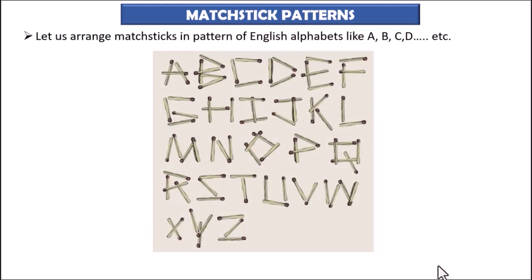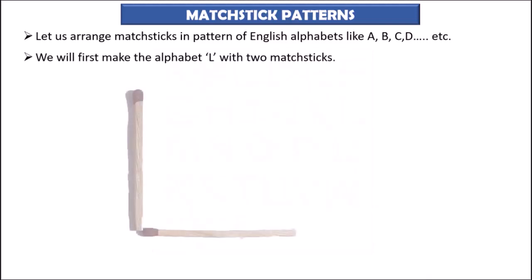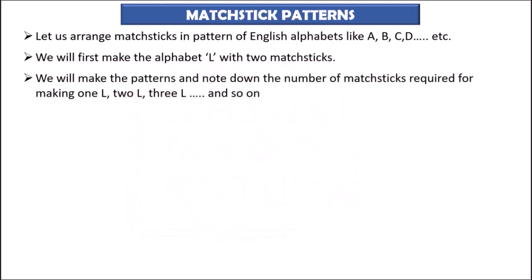Now we will move to patterns made by matchsticks. Let us arrange matchsticks in patterns of English alphabets like A, B, C, D, etc. So you can see these alphabets are made with the help of matchsticks. We will first make the alphabet L with two matchsticks. We will make the patterns and note down the number of matchsticks required for making 1L, 2L, 3L and so on.